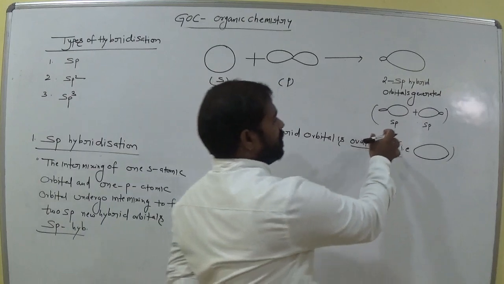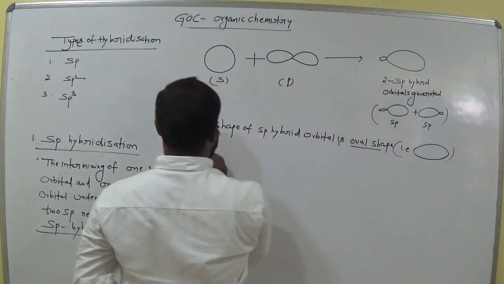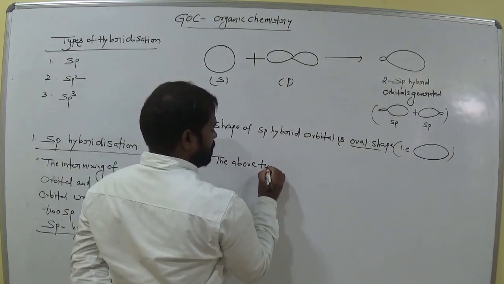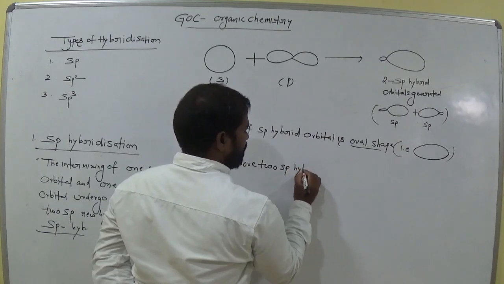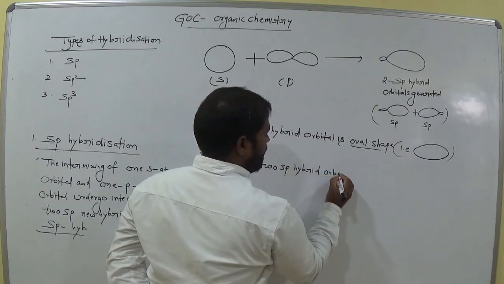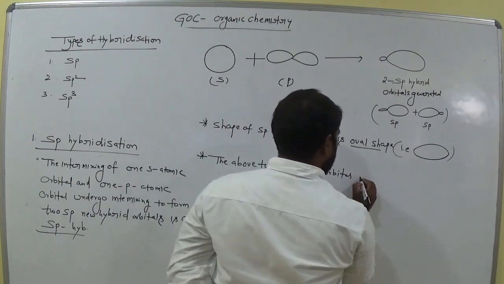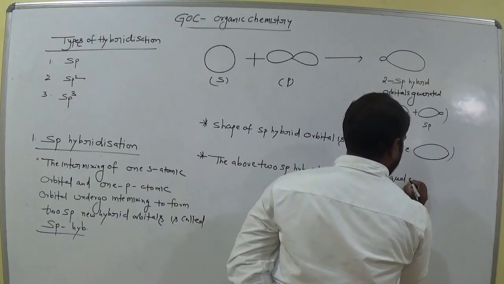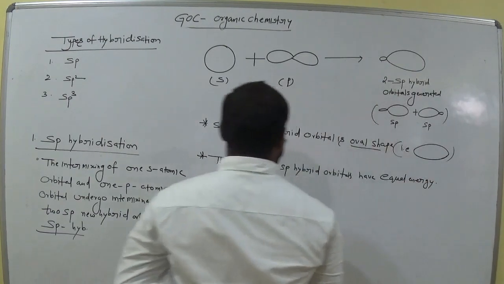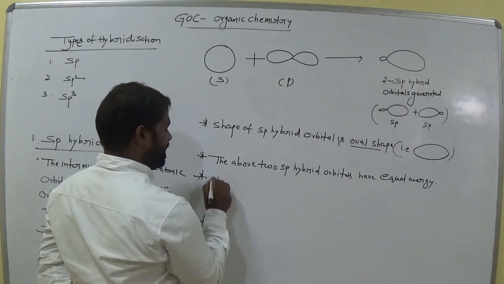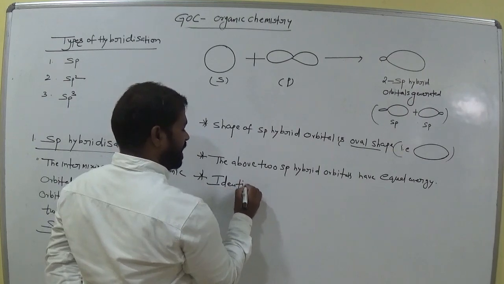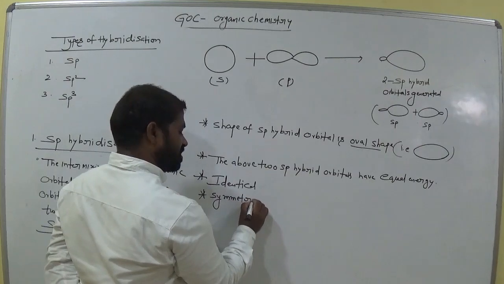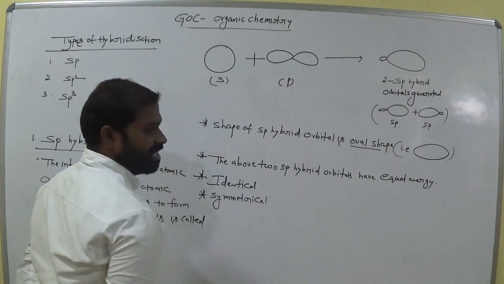Clear? So now these two sp hybrid orbitals have equal energy, am I right? And also we call them identical hybrid orbitals, and also symmetrical. The shape is also the same for both, that is symmetrical.